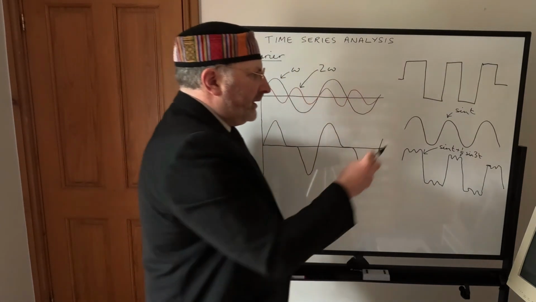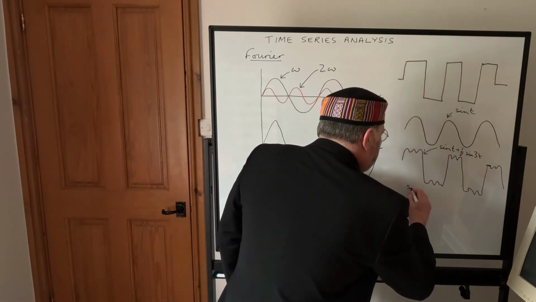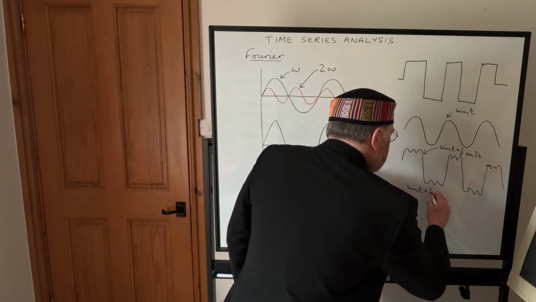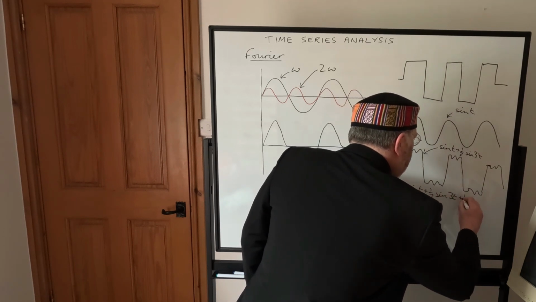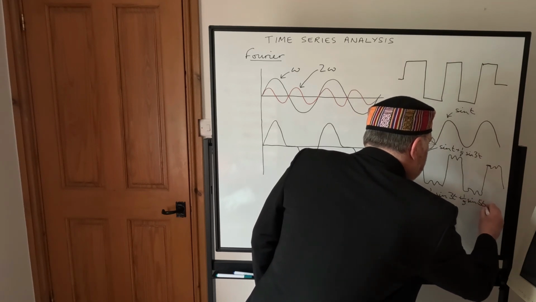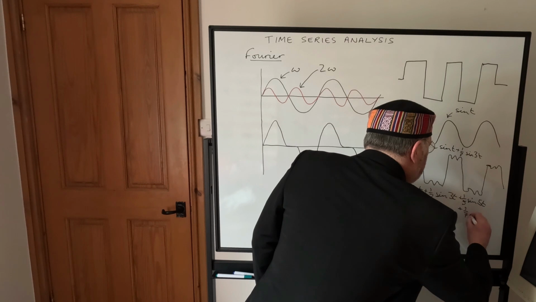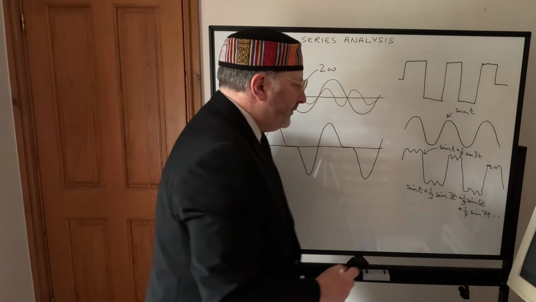But we can continue this process by adding sine t plus 1/3 sine 3t plus then 1/5 sine 5t, 1/7 sine 7t, and so on.